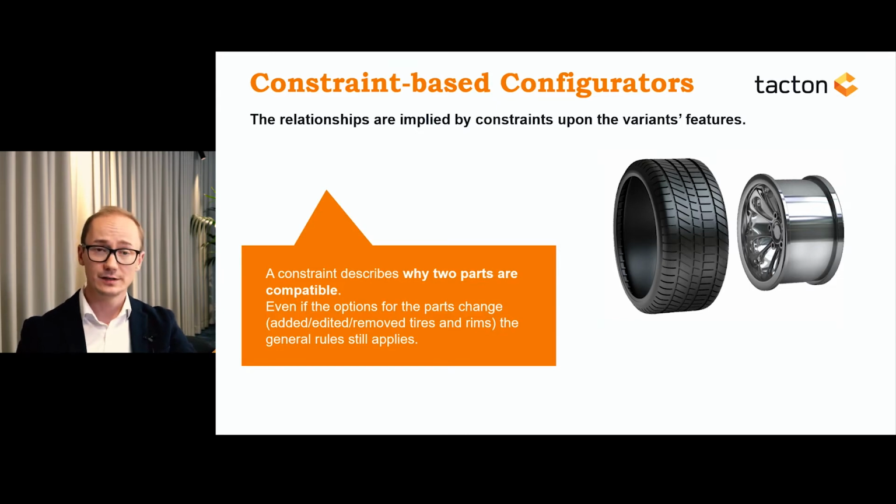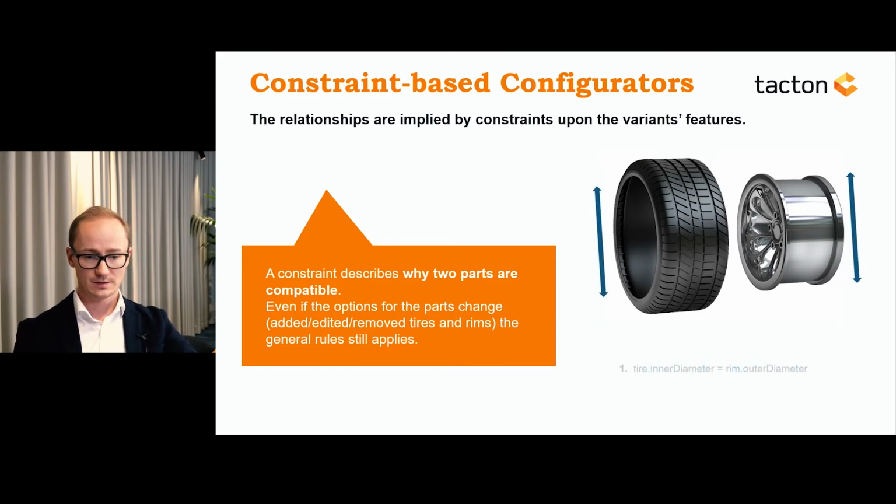Then we have the 3rd generation of configurators, and that's actually where Tacton is. Constraint-based configurators. We are setting up relationships between the components described with why 2 parts are compatible. So we're assigning them features, and then we're saying why those features and what the relationship is between those features.